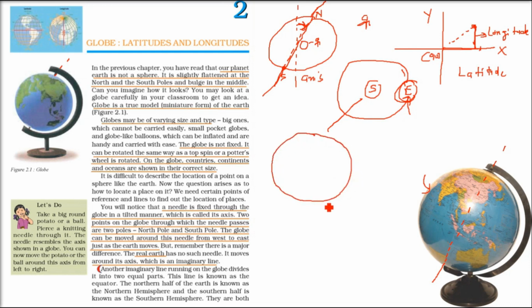Now our Earth is flat at the poles, North Pole, South Pole. And all these lines, all these axes are imaginary, so that we can get a good idea about the actual position. Latitude, longitude and geographic location can only be obtained when we have certain lines in our mind.